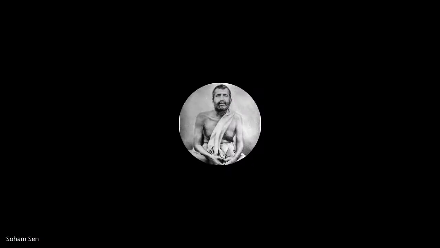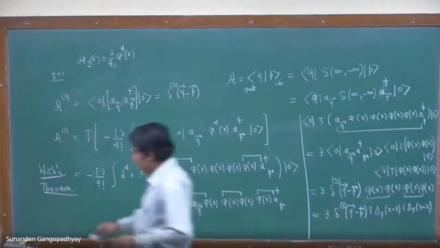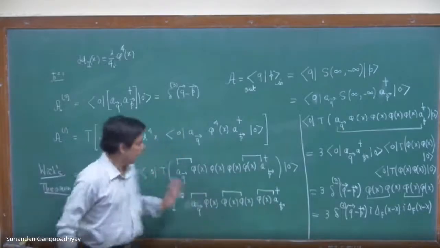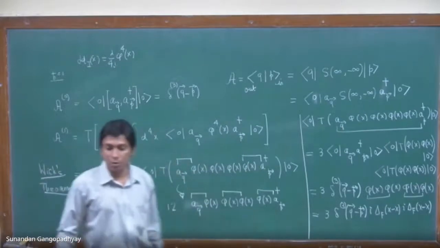Sir, why are we not summing these two results together? We will sum it. Once we calculate this, then we will write down the full result. It will be a sum of both the terms. Okay, sir.